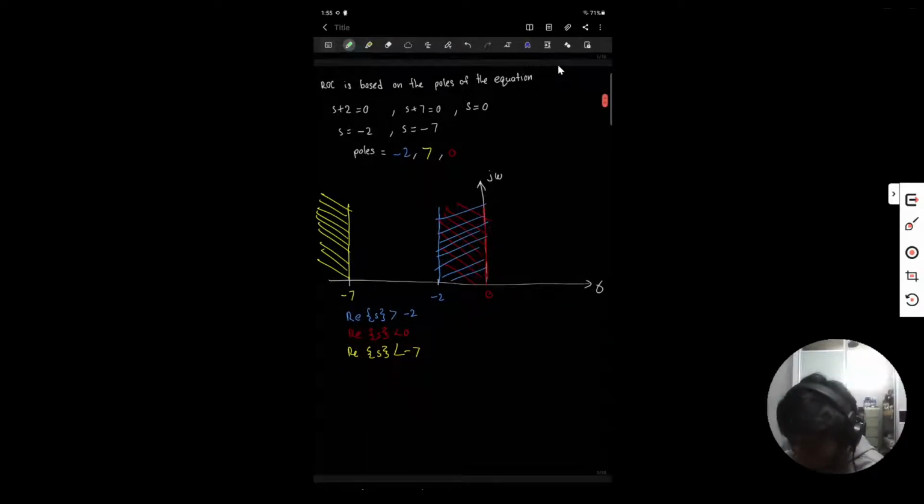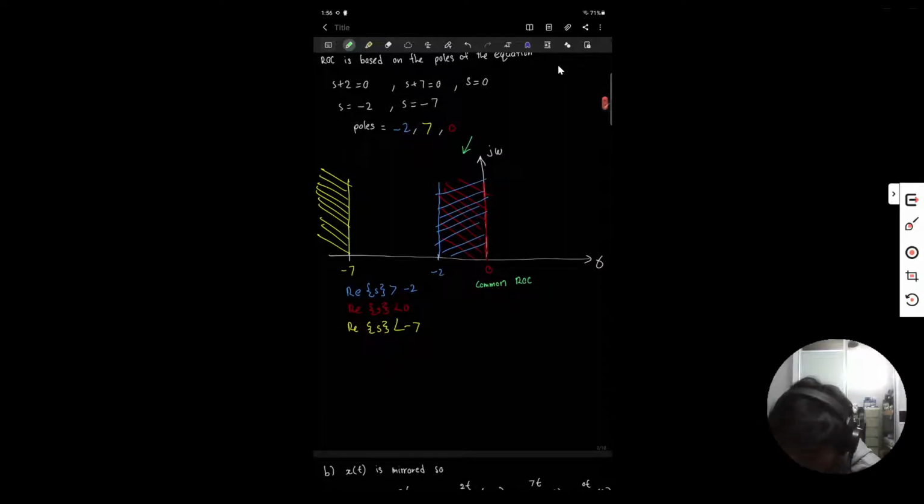From this equation, the ROC is actually quite special because we have a vertical strip. We have a common ROC for the vertical strip if we say that -2 and only 0.